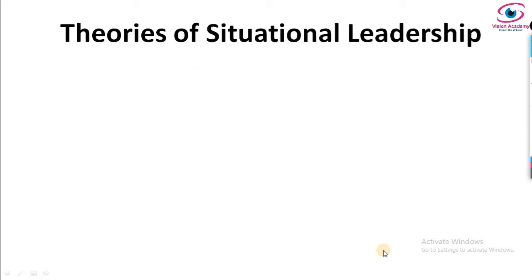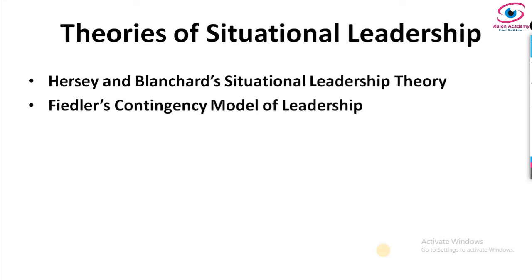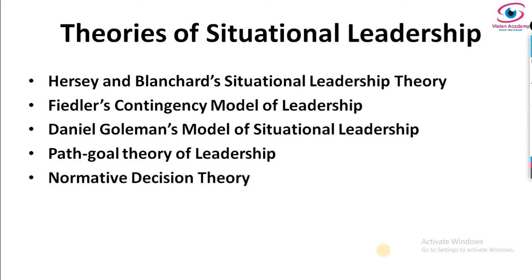Here we will encounter different famous leadership theories in case of situational theories. We have Hersey and Blanchard's situational leadership theory, the Fiedler contingency model of leadership, the Daniel Goleman model of leadership, the path goal theory of leadership, and the normative decision theory.